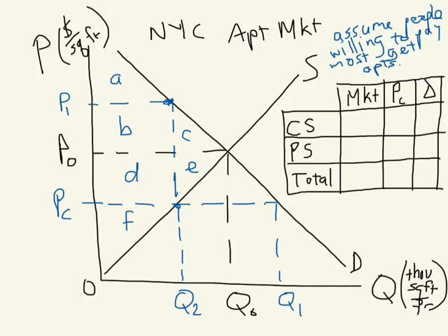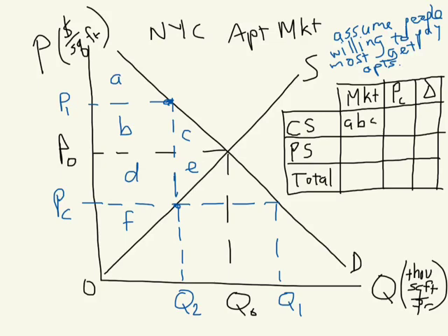Okay, now instead of shading areas, producer and consumer surplus, I'm just going to keep track of these lettered areas. So remember that under the market outcome, the consumer surplus was the area below the demand curve above the price line. That's area A, B, C. So I'll just write that. I'll use black for the consumer surplus, so for the market case.